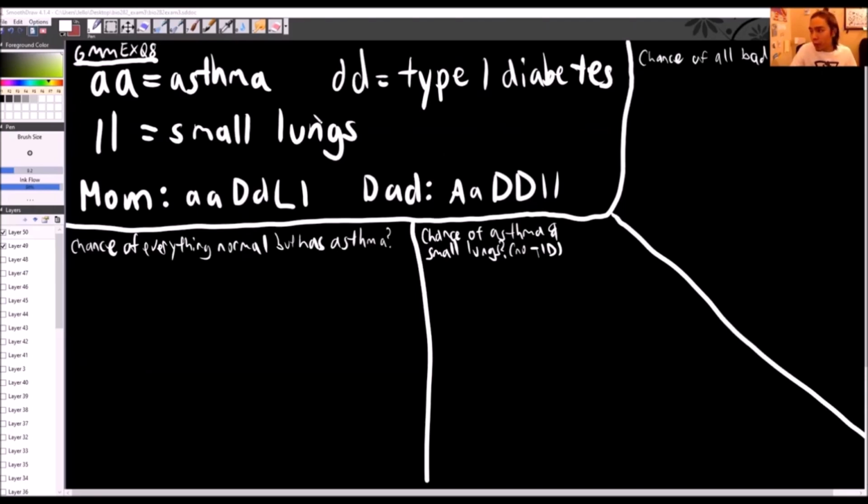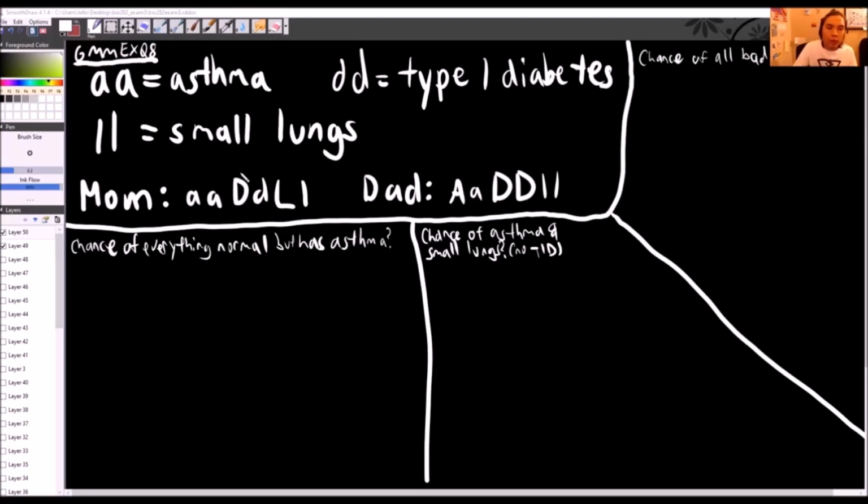If you have a dominant allele, you'll just be a carrier because you have that recessive in the back, but you express the healthy phenotype. So in this case, little a will give you asthma, little d, type 1 diabetes, little l, small lungs. If you had a big allele for each one, a dominant one, you would have the healthy wild type phenotype.